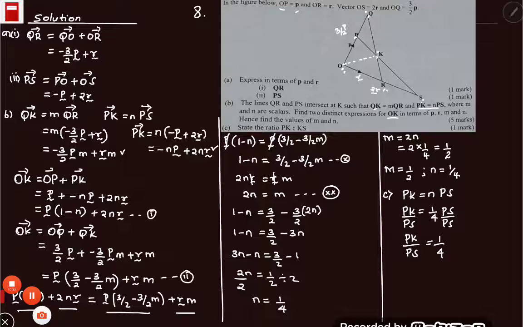Now comparing in the diagram, according to this ratio, from P to K is 1, then from P to S is 4. That means that from K to S is 4 minus 1, which is 3. Therefore, the ratio PK is to KS will be equal to, from P to K is 1, and from K to S is 3.